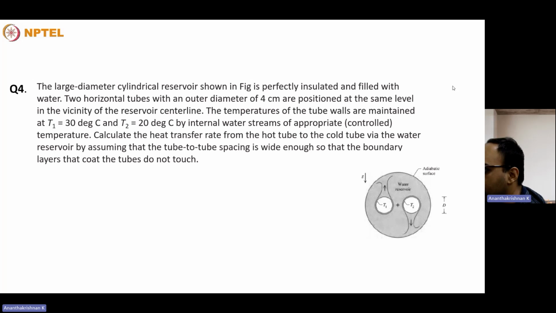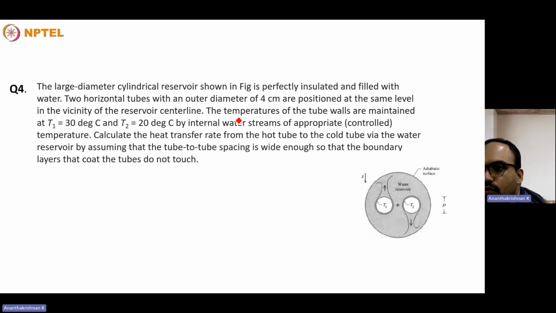So looking at the problem, this is a question on natural convection. I'll read out the problem. The large diameter cylindrical reservoir shown in the figure is perfectly insulated and filled with water. Two horizontal tubes with an outer diameter of 4 centimeters are positioned at the same level in the vicinity of the reservoir center line.